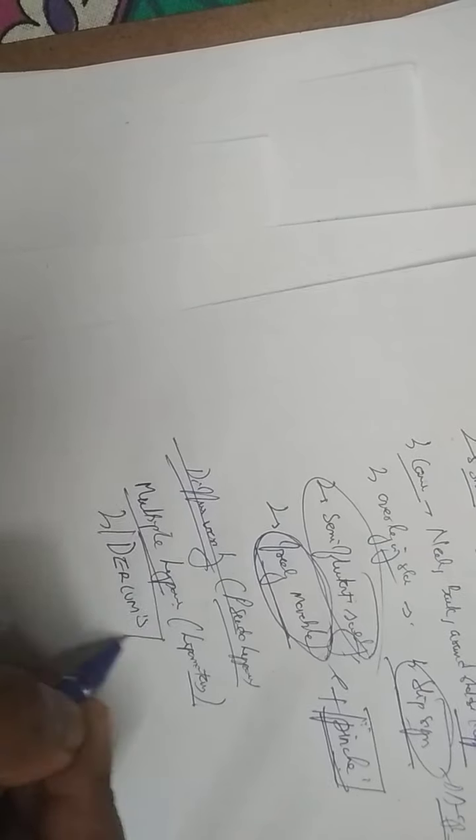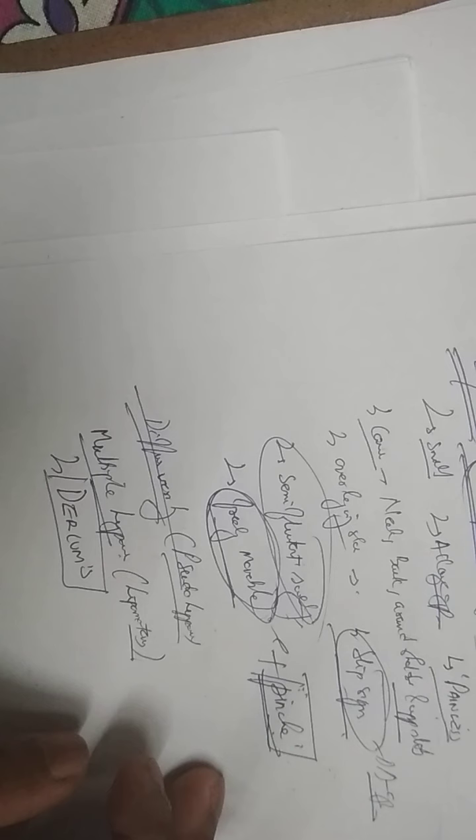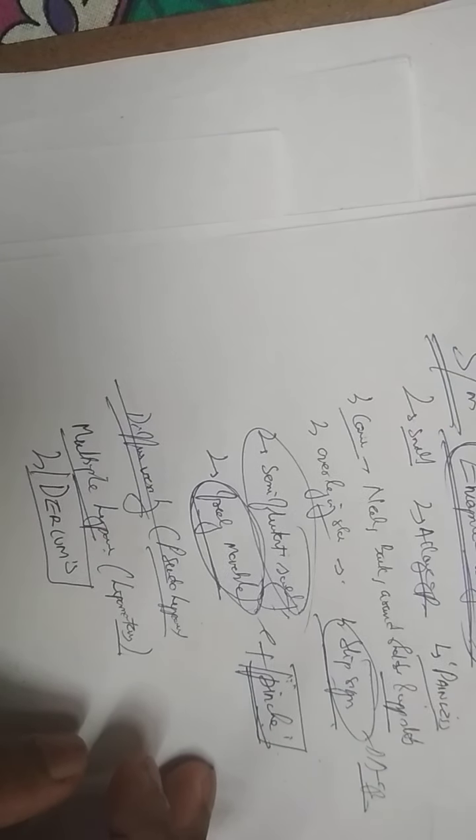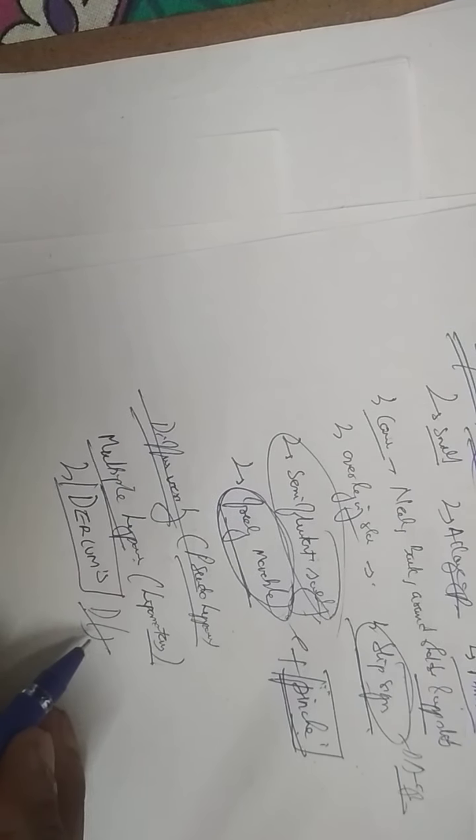There is a disease called Dercum's disease, which is associated with multiple lipomas. It is a variety of lipoma in which there is tenderness due to some nerve involvement. It is more common in females. It is called Dercum's disease.